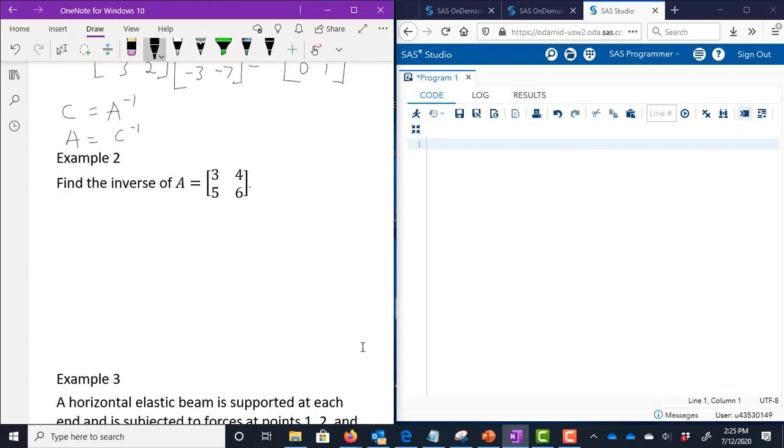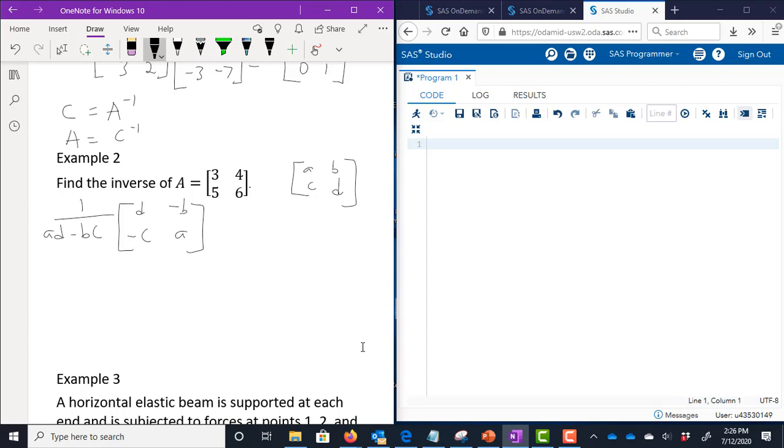If we were to label a 2 by 2 matrix like this as A, B, C, D, the inverse would be 1 divided by AD minus BC, times the matrix D, negative B, negative C, A. That is the specific definition of what the inverse of a 2 by 2 matrix is.